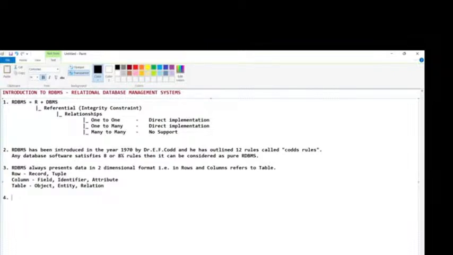Row is called record or tuple, column is called field, identifier or attribute, table is called object, entity or relation.